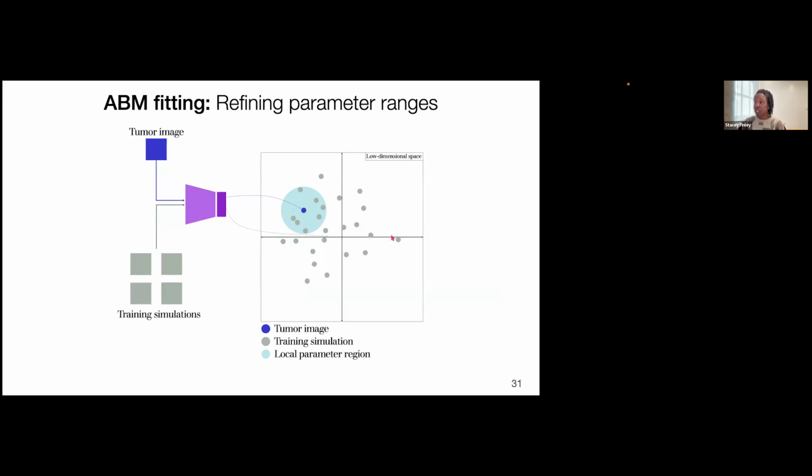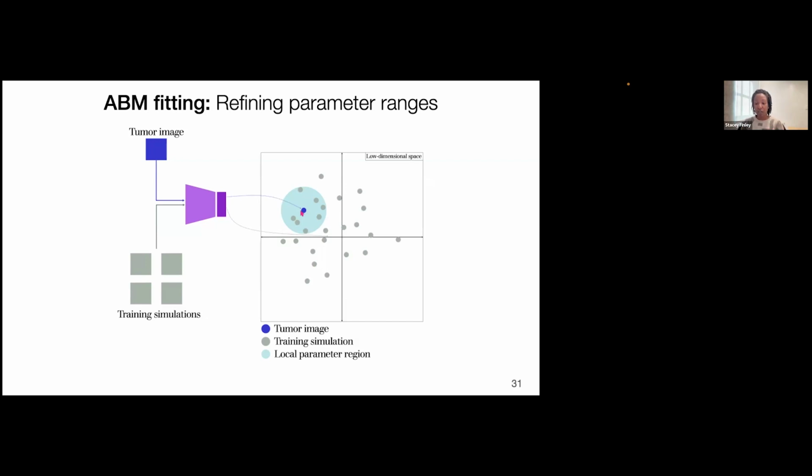We're not even considering this point out here because it's just too far away from the image that we're trying to recapitulate. Okay, so then we can say, well, what are the parameter ranges here, and do this in an iterative fashion to minimize the distance between our simulated images and our experimental image. And every time we're updating the parameter values, we're hopefully honing in on the optimal parameter values that give us the closest match to the experimental image.